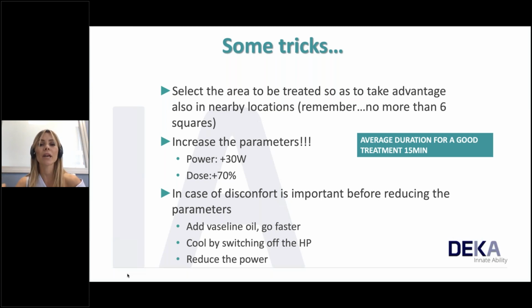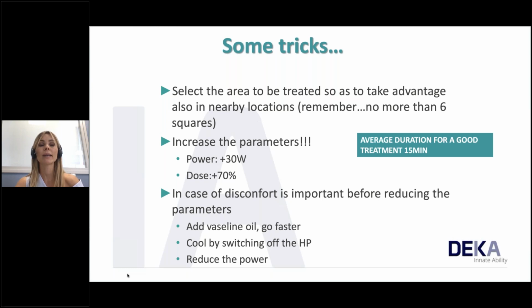So, to imprint in your mind what is important. First, select the area to be treated so as to take advantage also of nearby locations, because remember, we can treat no more than 6 squares because we don't have to stress too much our lymphatic system. Second, what is important is to increase the parameters. The parameters that you find in the protocol manuals are safe parameters.